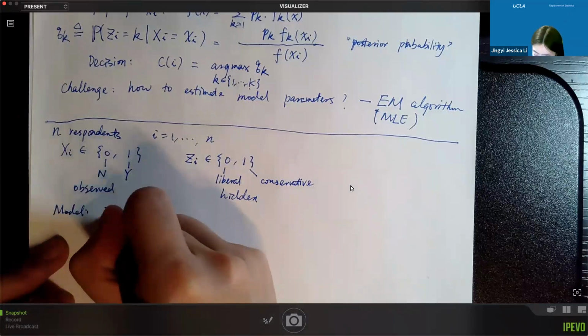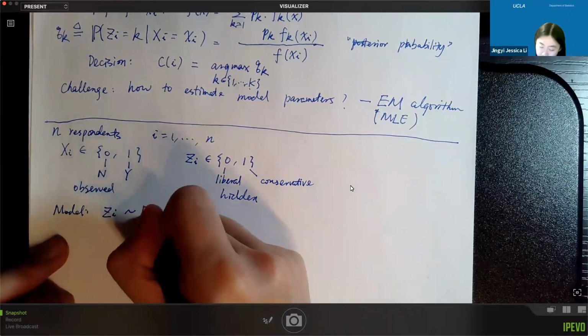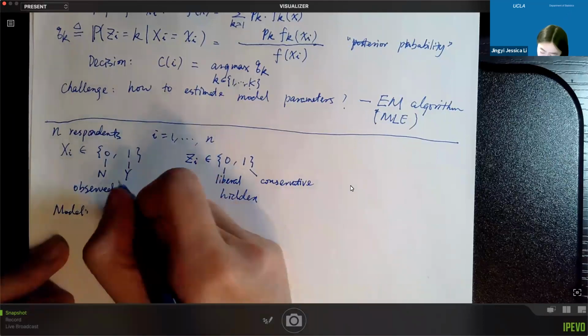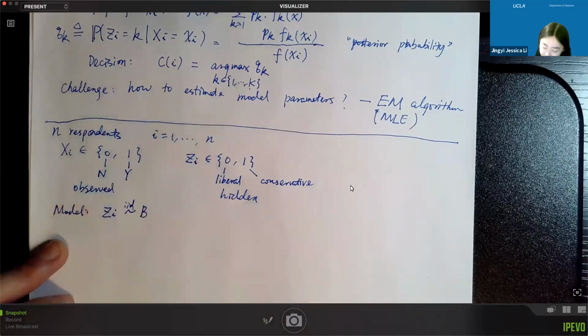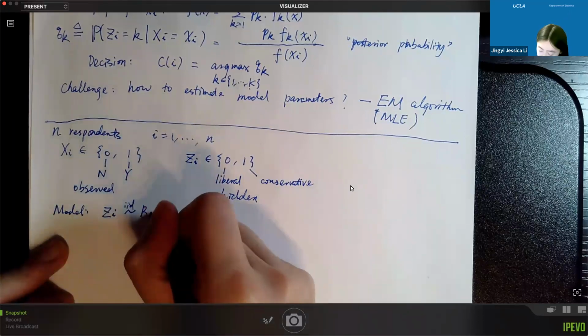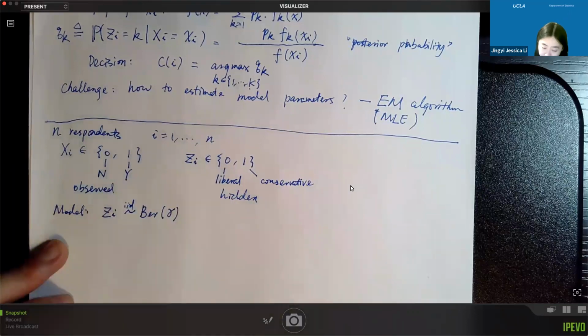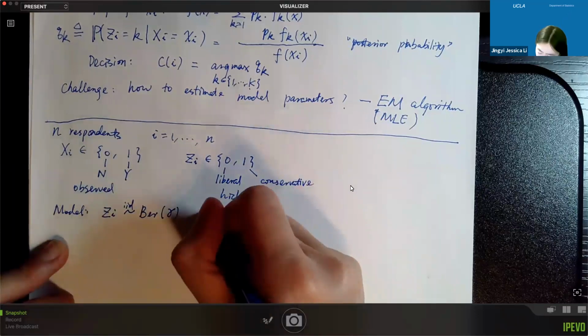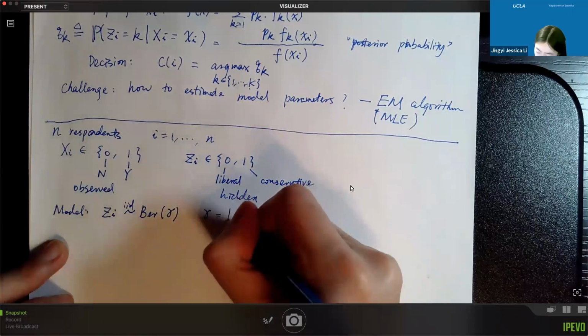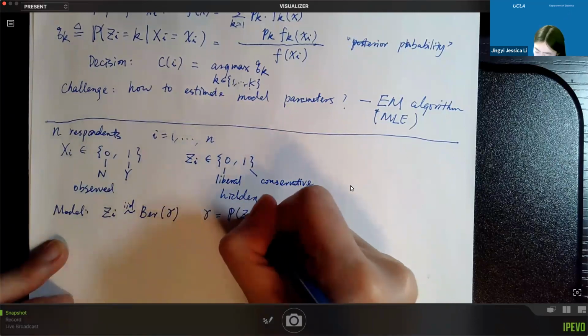For zi, it's natural to assume that they are IID, all independent, following the same Bernoulli with parameter gamma. So gamma here means the probability that zi equals 1.